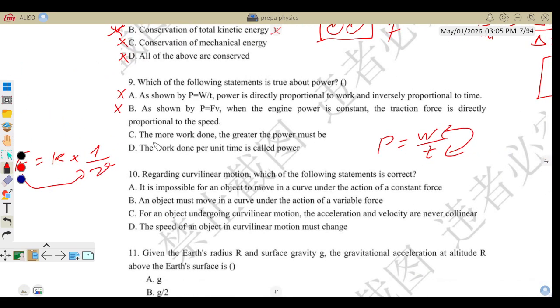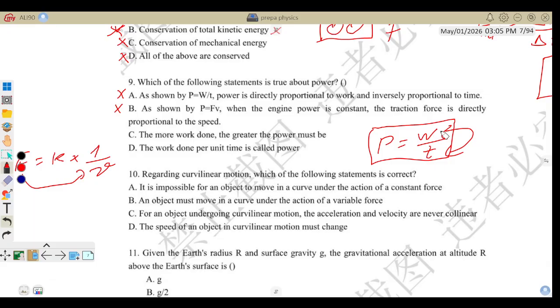For C here, what we have is, the more work done, the greater the power must be. This is not correct. We can get back to the formula here. If the work done is greater than the previous one, the time would take longer and the power would be constant. It's not changing.